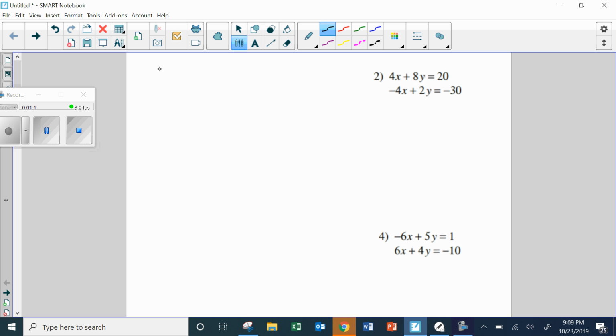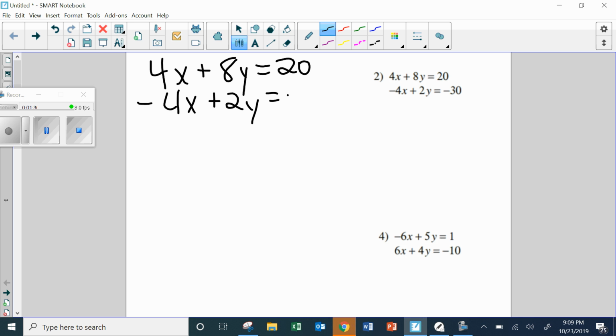So I'm going to rewrite the problem: 4x plus 8y equals 20. And I have negative 4x, this is the second equation, plus 2y equals negative 30. So just like we talked about in the lesson, and just like we've done in other types of problems where we've solved the problem by writing numbers underneath the current equation to get rid of terms or combine terms, we're really just doing the same thing.